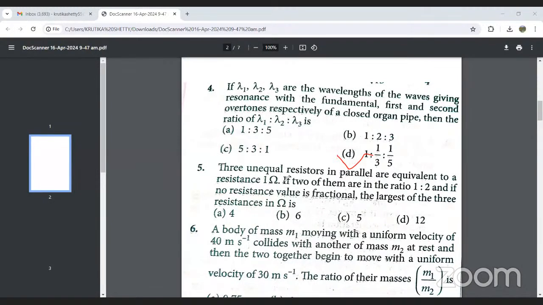3 unequal resistors in parallel are equivalent to the resistance 1 ohm if 2 of them are in the ratio of 1:2. Yes, but the fifth question, I think we need to ignore that because according to the syllabus, the parallel and the series combination are deleted, right?